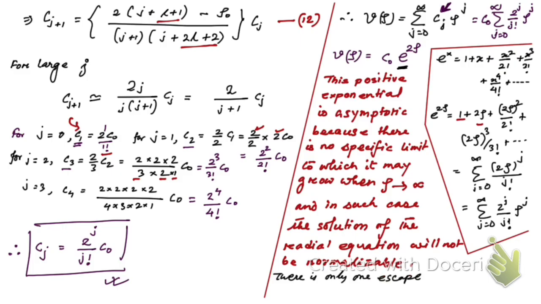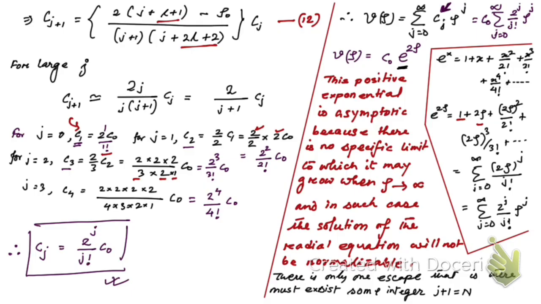Okay, so there is only one way to escape that. We must consider that there must be some integer, j plus 1, that is equal to some integer, suppose capital N, for which this series terminates. This series must terminate, right?